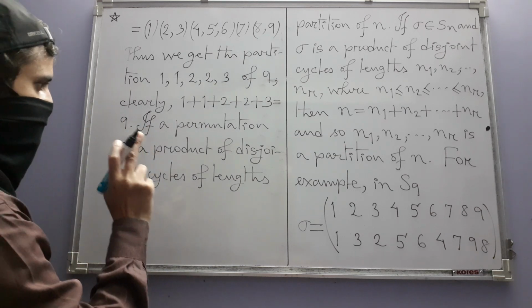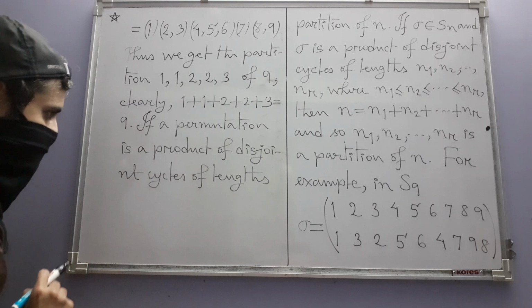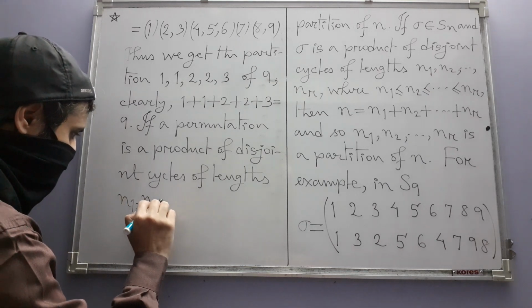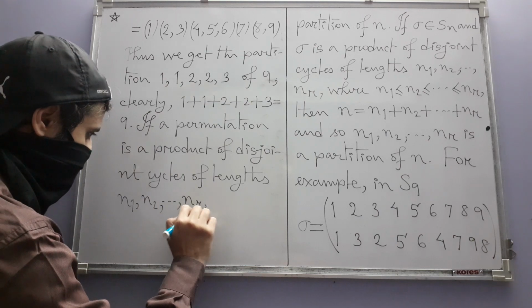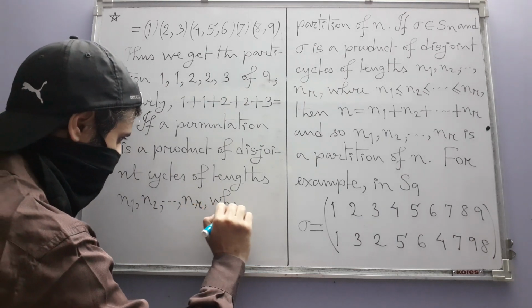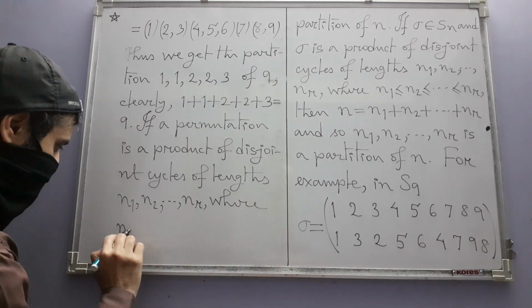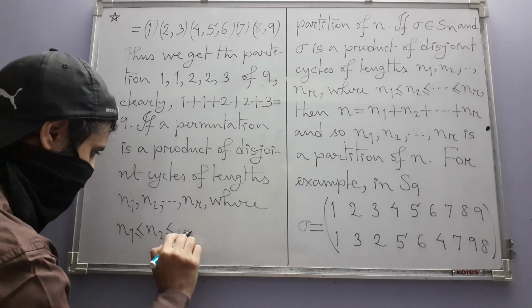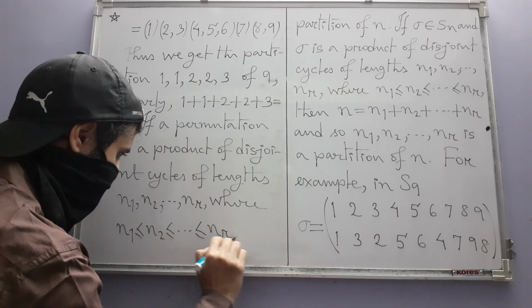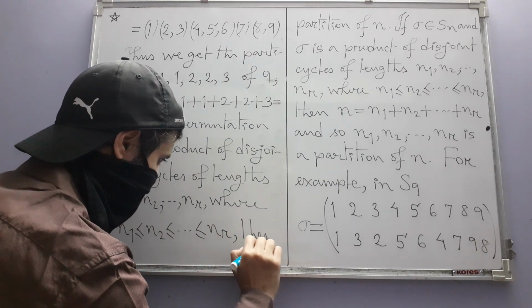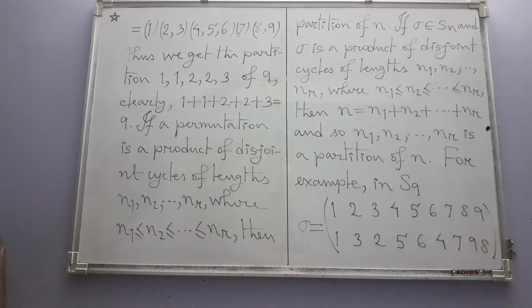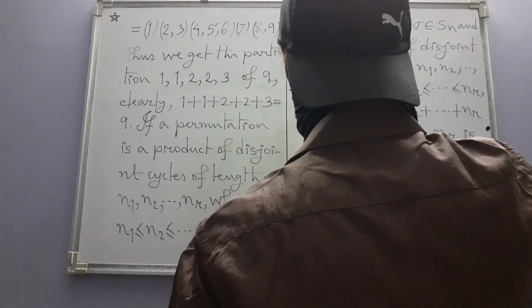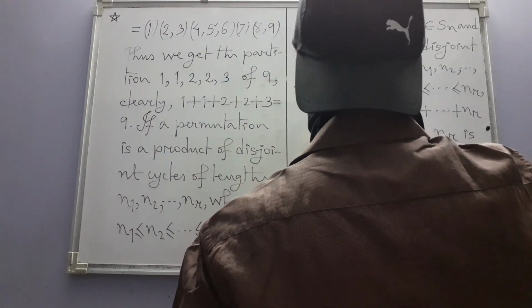If a permutation is a product of disjoint cycles of lengths, these lengths where, then we say that the permutation has cycle decomposition.